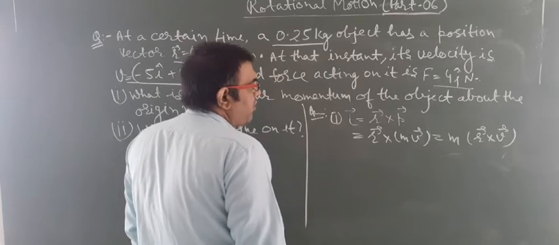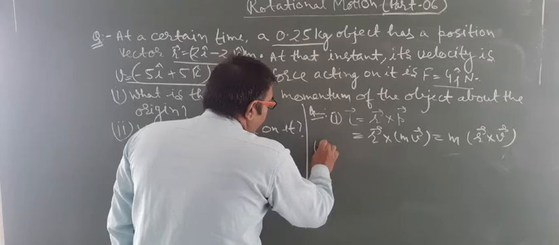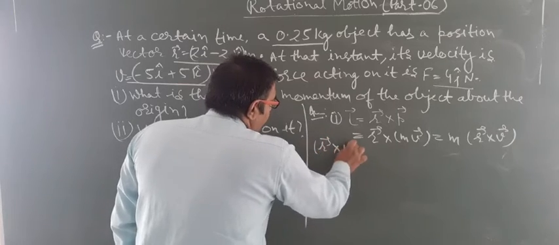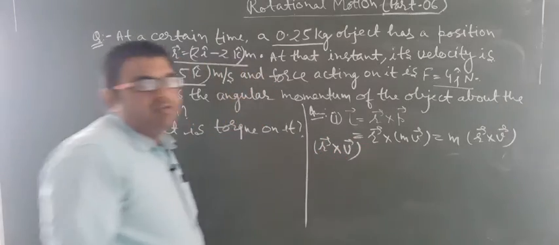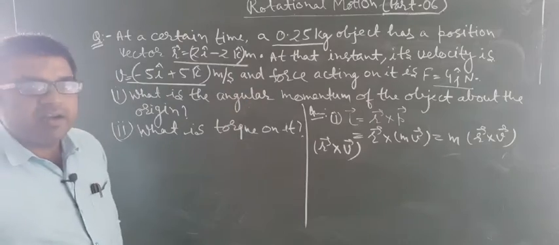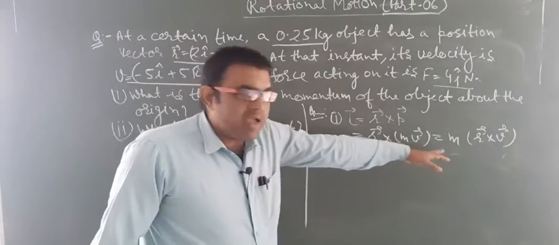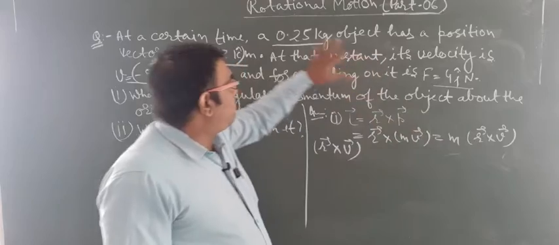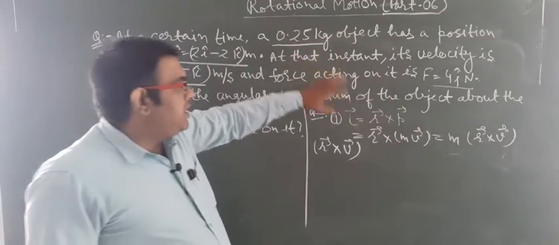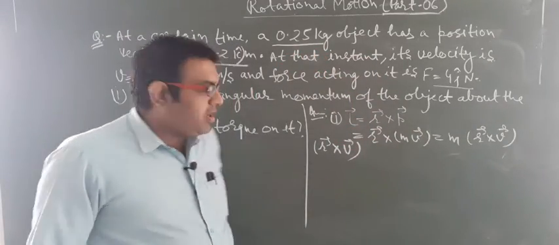First of all, we will calculate the value of r cross v vector, and then we multiply by the value of m, that is 0.25 kg, to get the angular momentum.